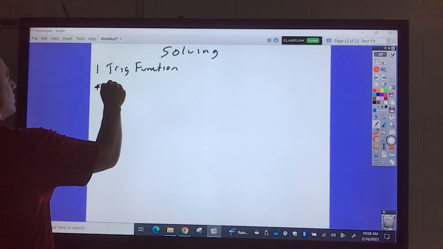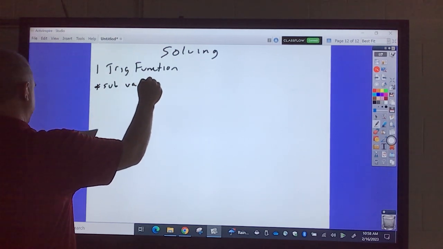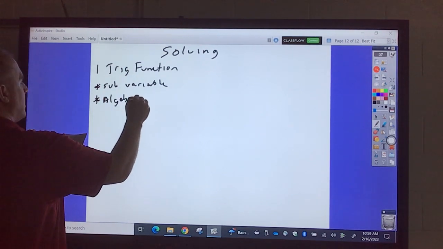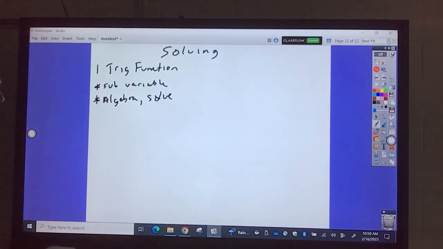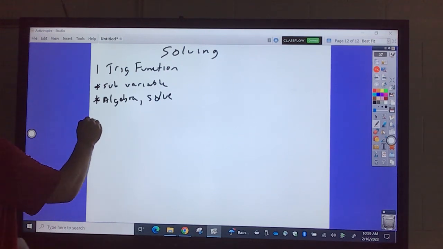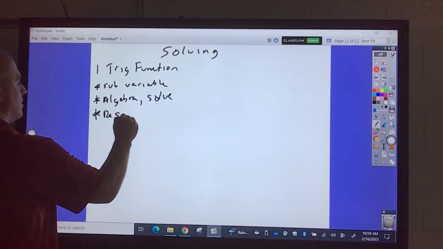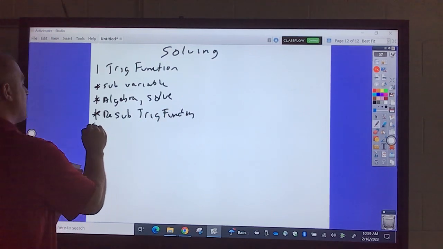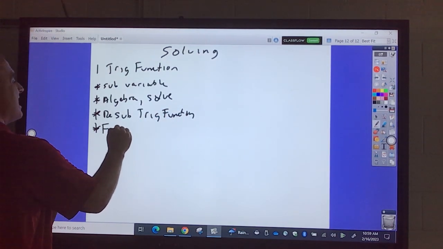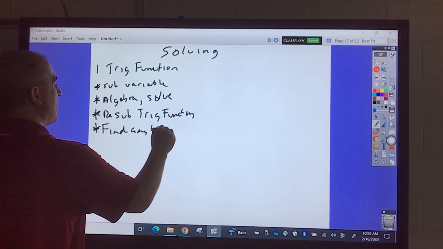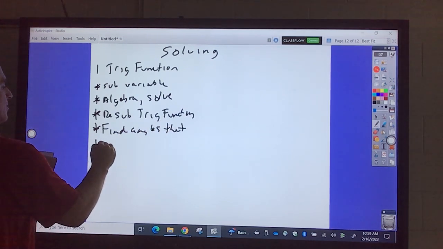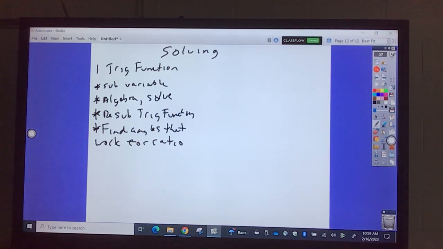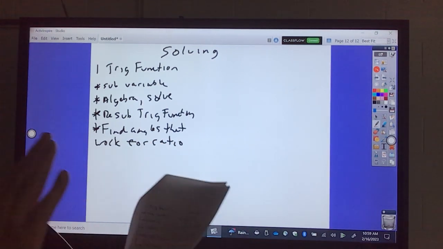I want to substitute a variable, do some algebra and solve, then resubstitute the trig function, and then find the angles that work for the ratio. We've done a lot of examples of those, but that's the process if you have one trig function.